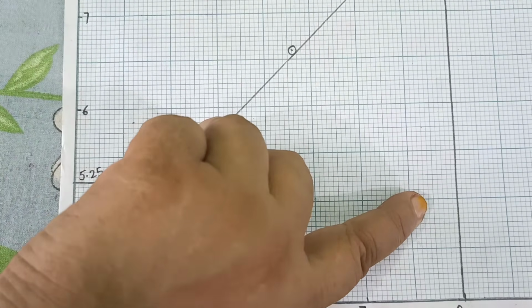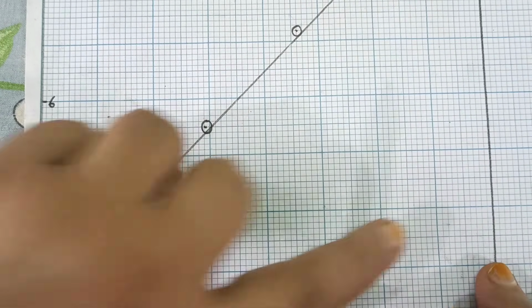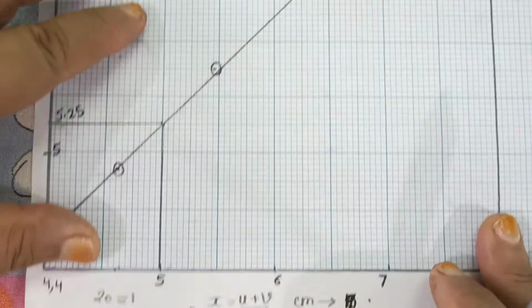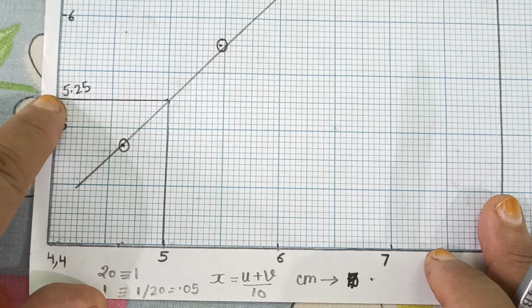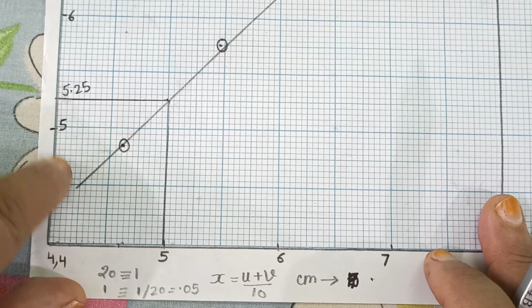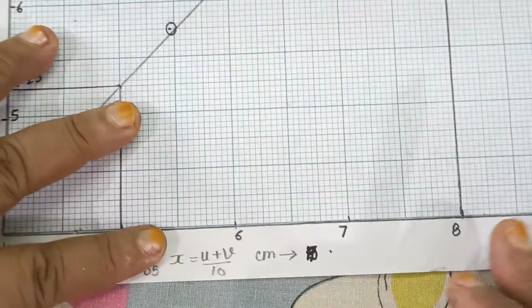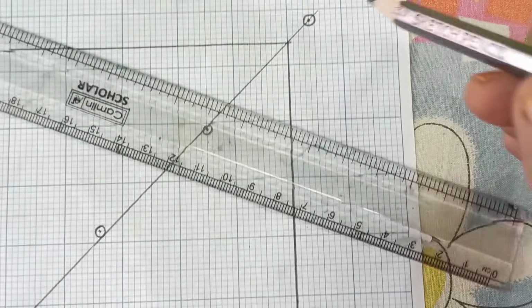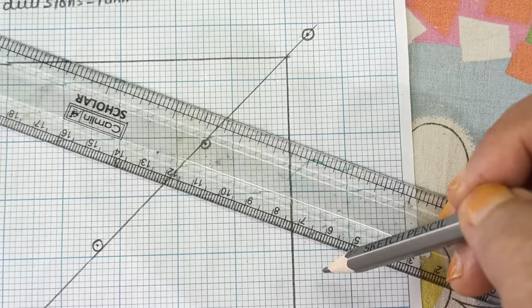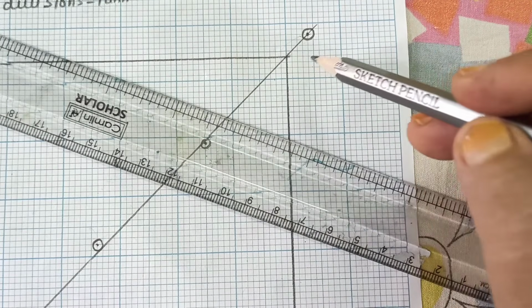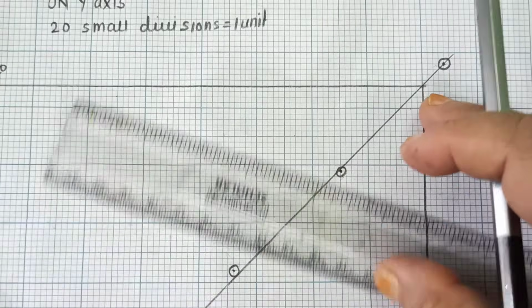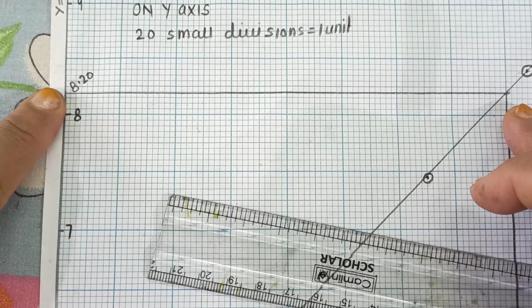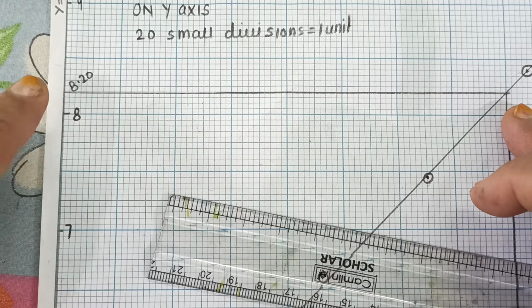So after dropping the perpendicular, I can read x1 and y1 from the graph according to our scale. Similarly, I have taken one point here and I dropped perpendiculars on the x and y axes, and now I can read x2 and y2.